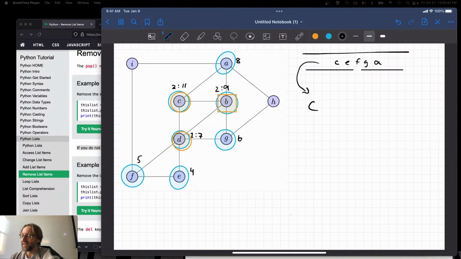So it's done at 10, and it's out of the queue as well. Same thing's going to happen for E. It's just going to end up being processed with nothing left in its neighborhood to visit. So we're now up to 11. F is next.